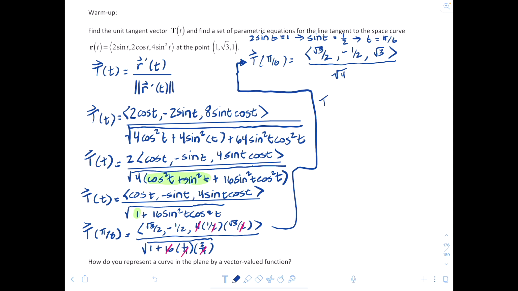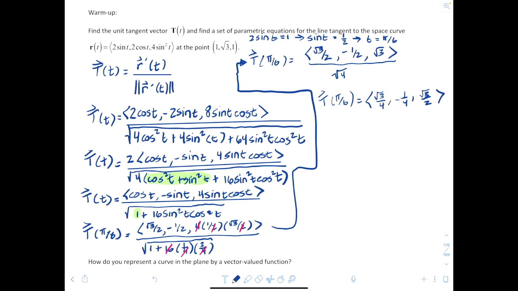And so T at pi over 6 will be equal to, so I'm just going to multiply through by a half. So we'll get root 3 over 4, negative 1 over 4.